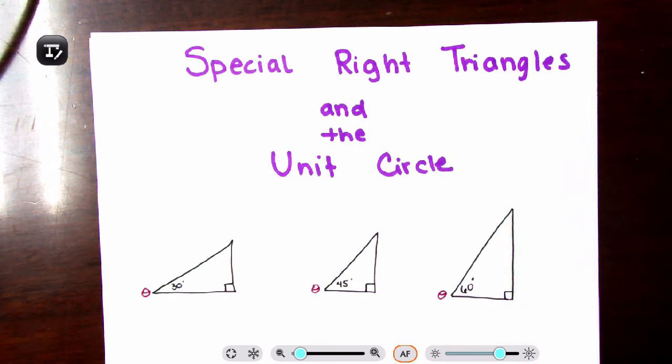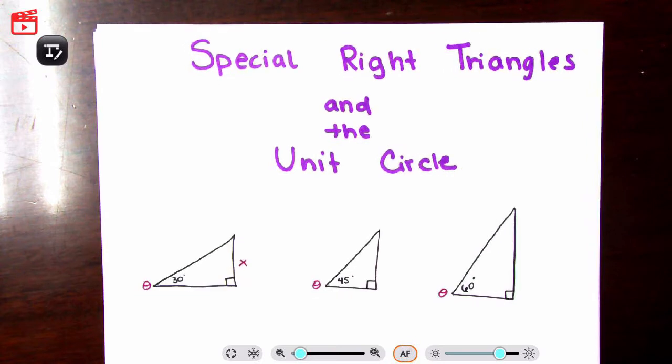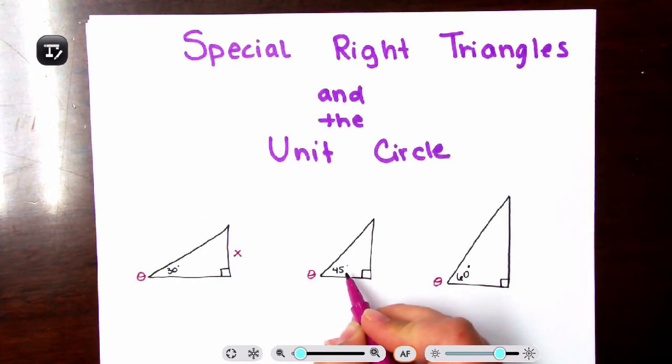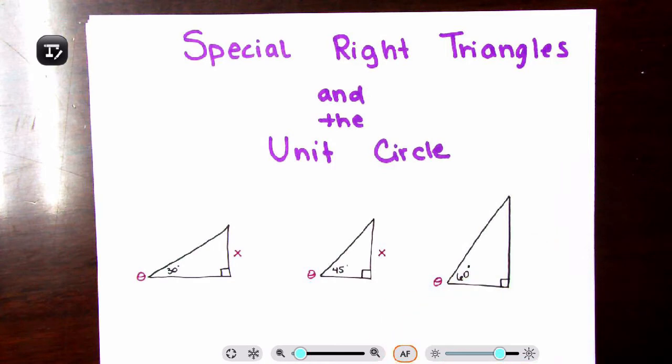Now, if you recall our previous videos or our previous units, we said that if we have a 30-degree triangle, that means across the street from that 30 degrees is our value for x. If we have a 45-degree angle, across the street is our x. And then if we have a 60, now 60 is a little bit different, so I'm going to hold off on that.